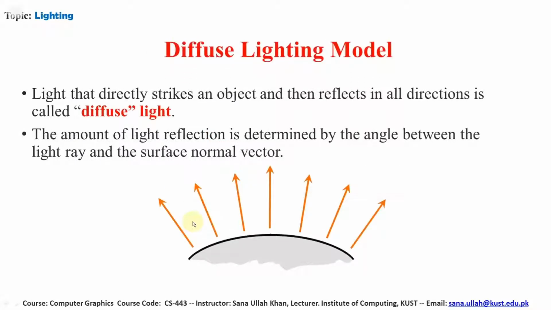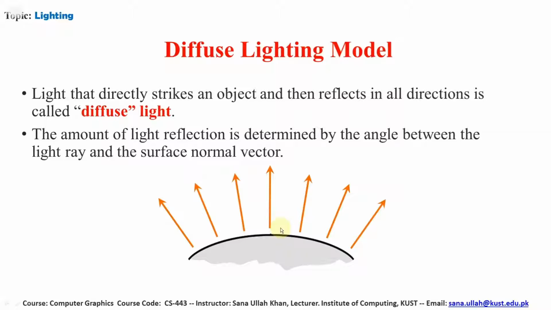Diffuse lighting model. This is another lighting model, which is called the diffuse lighting model. In this lighting model, light directly strikes an object and then reflects in all directions, which is called diffuse light. The amount of light reflection is determined by the angle between the light ray and the surface normal vector. First, light directly strikes an object, then it reflects in all directions at some angle.